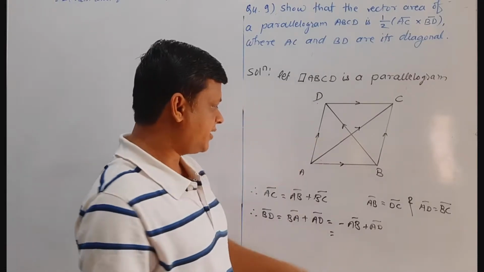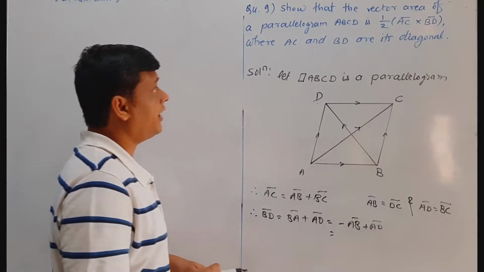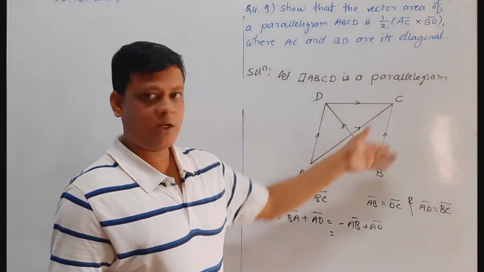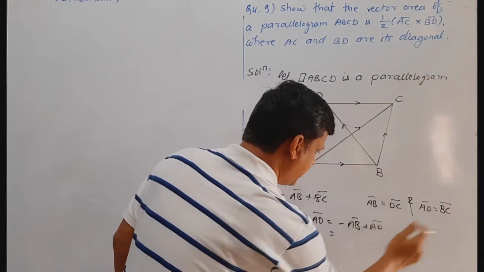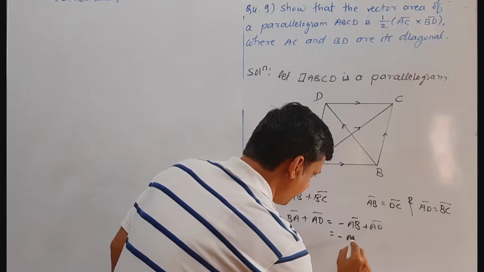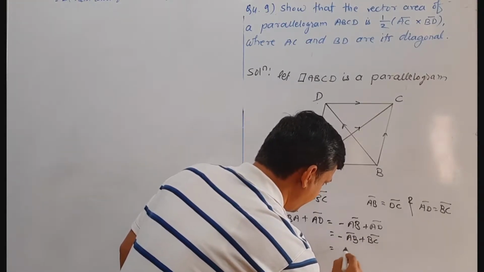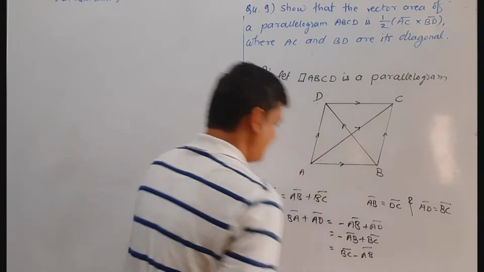We replace vector AD by vector BC, because we require the area of this parallelogram. So we write minus vector AB plus vector BC, that is, vector BC minus vector AB.